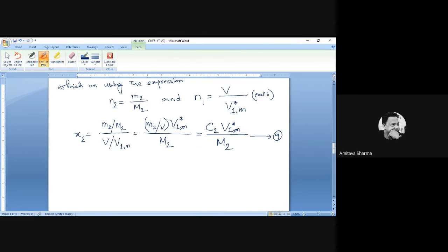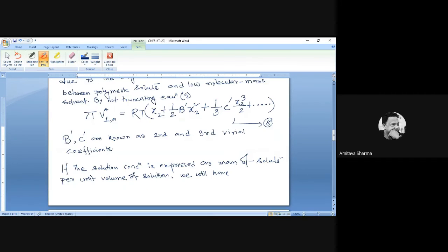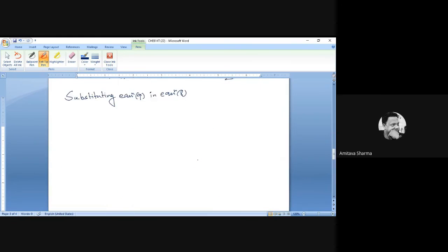Now substituting equation 9 in equation 8, that is putting the value of x2 in place of x2 in equation 8, that is 1 by 2 B prime x2 square and all that. I'll just write two terms, not more than that. So this is the molar volume.